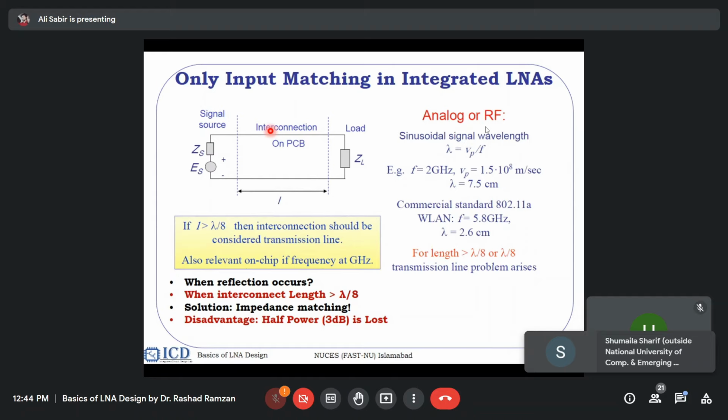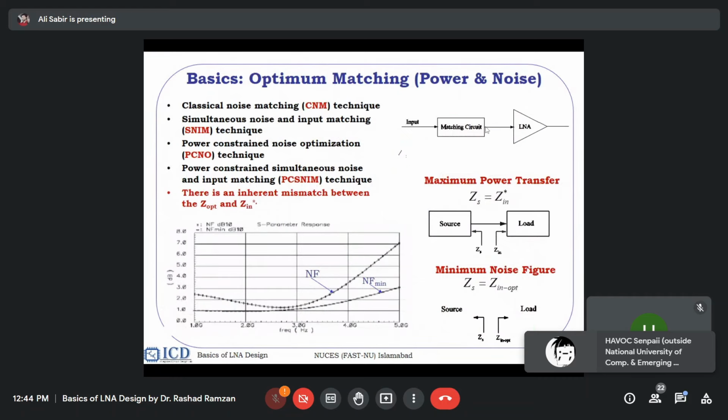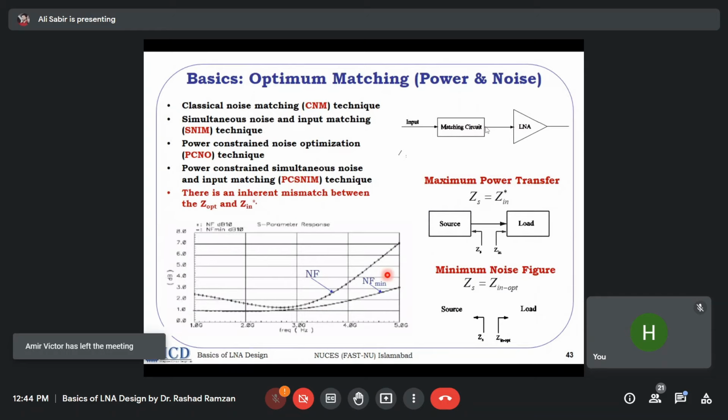But if the interconnect becomes bigger than lambda by 10, there will be reflections. In that case we need to do the matching, and we measure the matching by S parameters: S11 and S22 are the parameters that measure the matching. So this was the basics of the LNA.